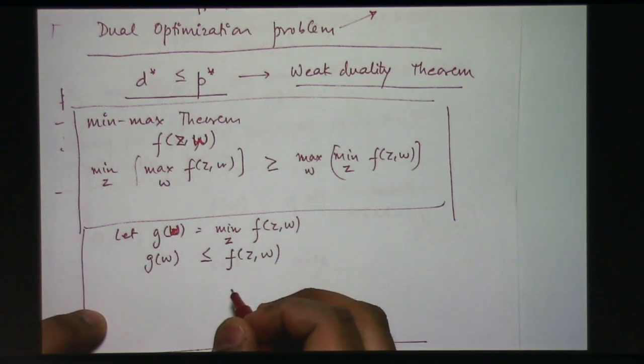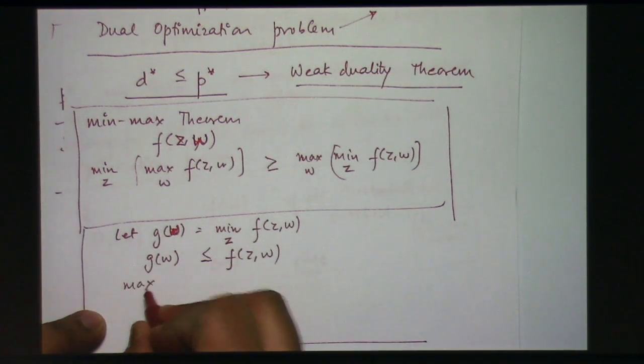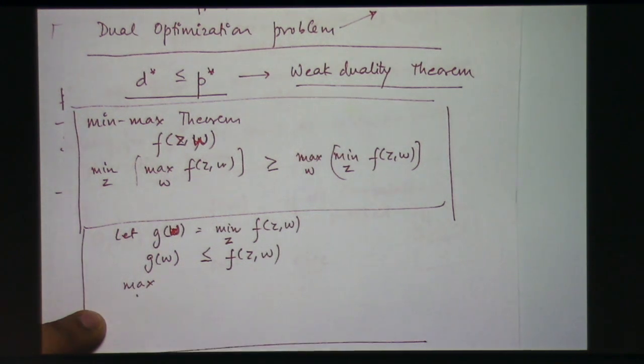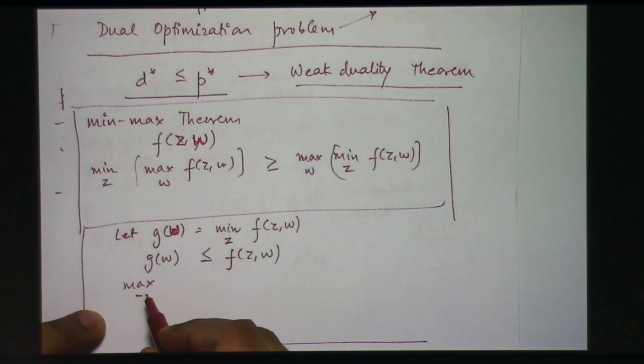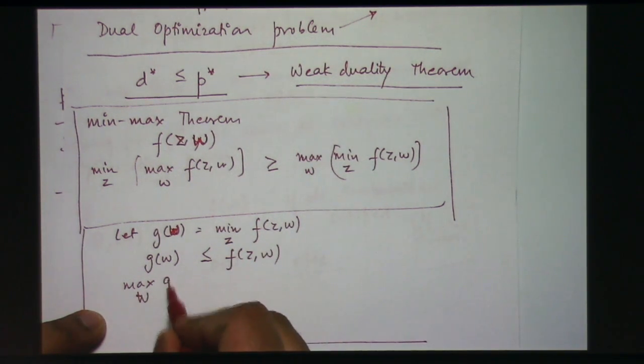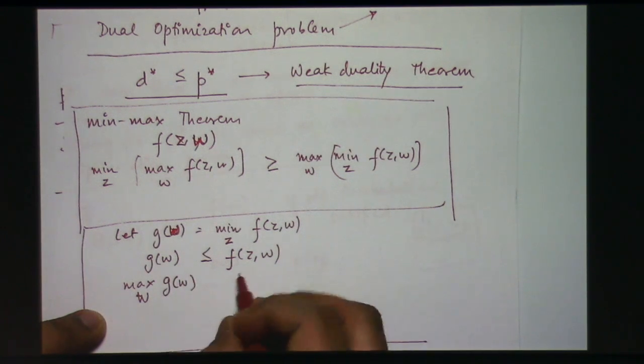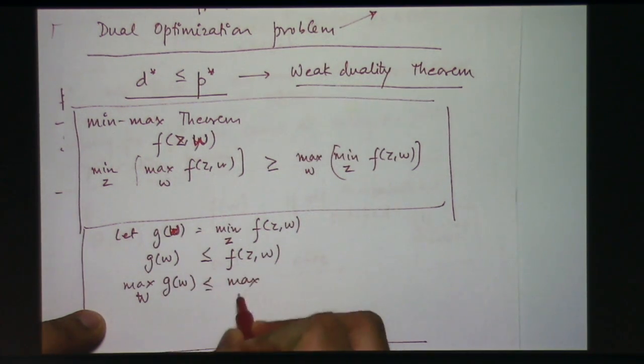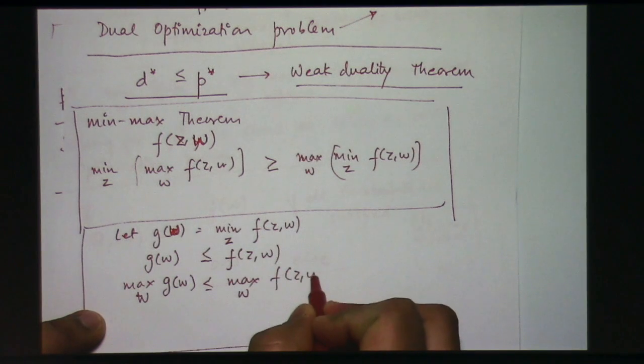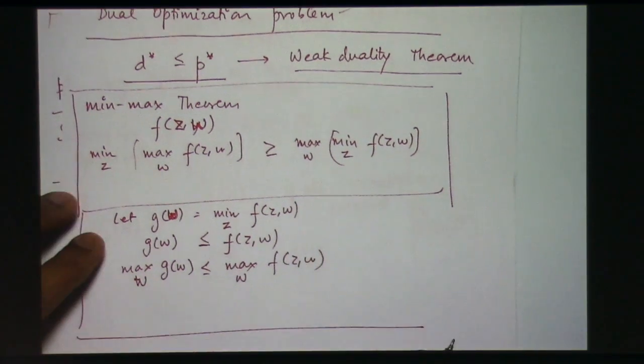And then you can say that the max over all w of g(w) will always be less than or equal to the max over w of f(z, w), because the inside was always less.